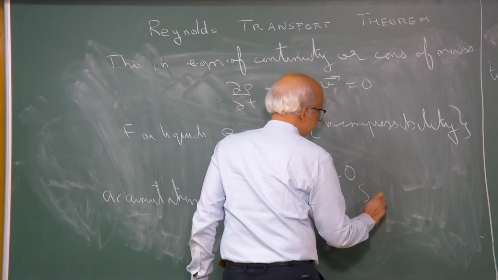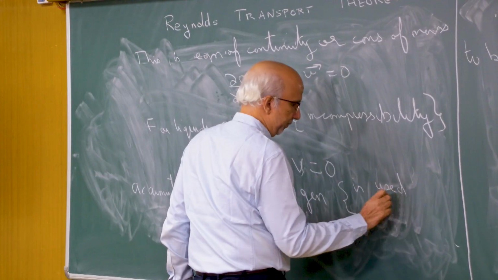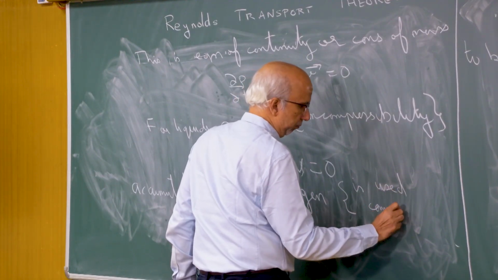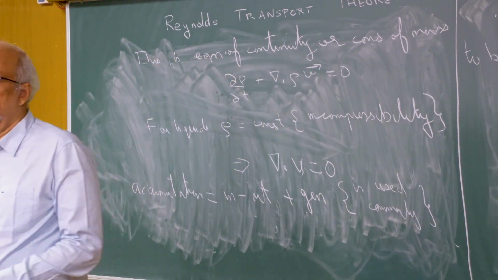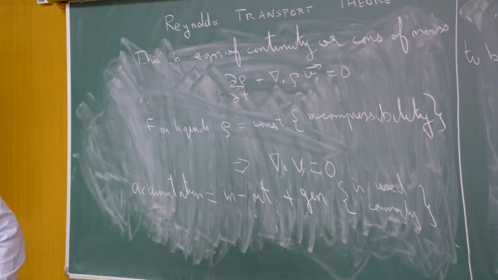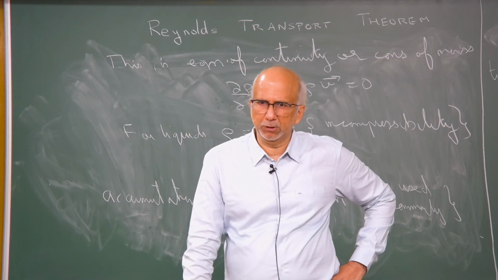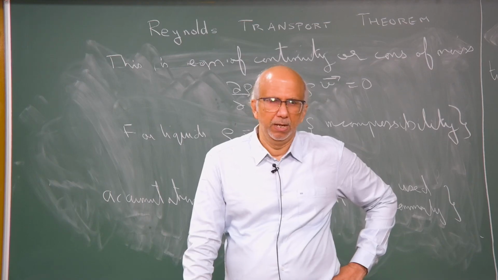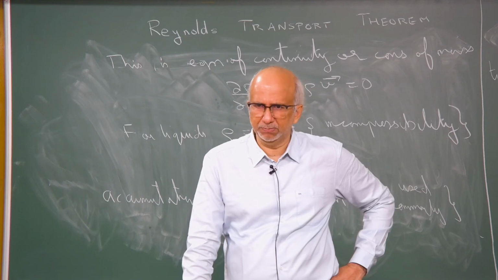This is used commonly. Somewhere in your undergrad course you must have used this: accumulation equals in minus out plus generation. This is also a conservation of mass, a conservation of something.